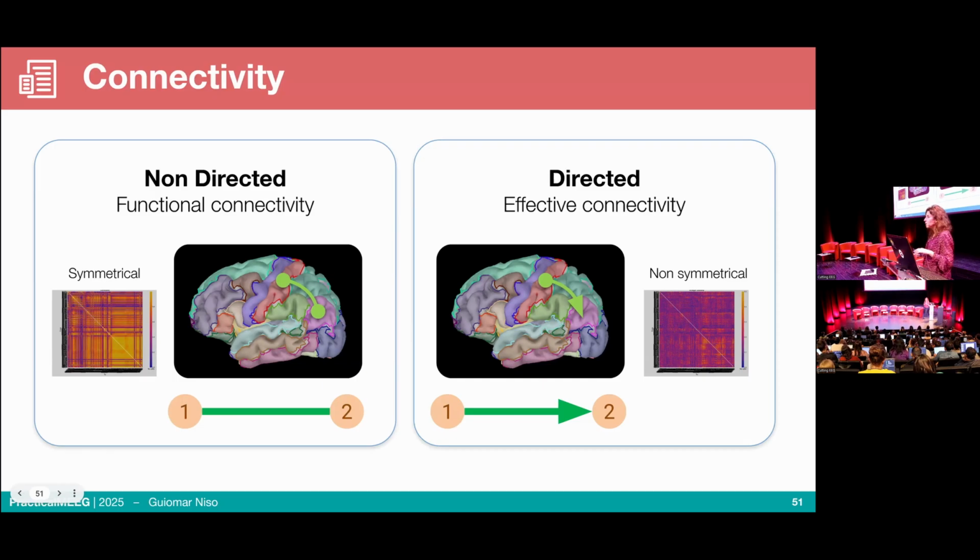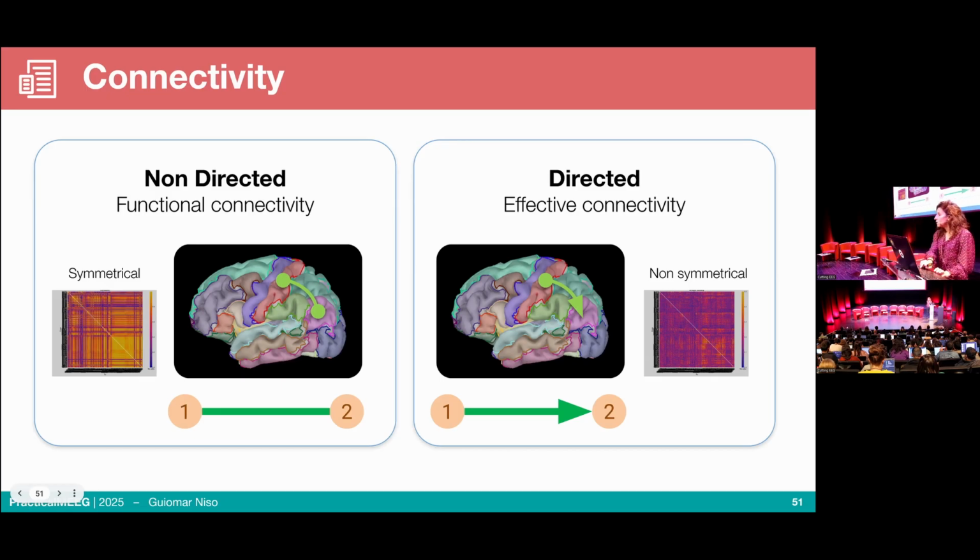The one that is not directed doesn't give you information about the direction of the flow of information, and the matrices are symmetrical. The relation between 1 and 2 is the same as 2 and 1. And we have directed metrics like effective connectivity, where you can have some kind of direction, and the matrices of this kind of measures are not symmetrical.